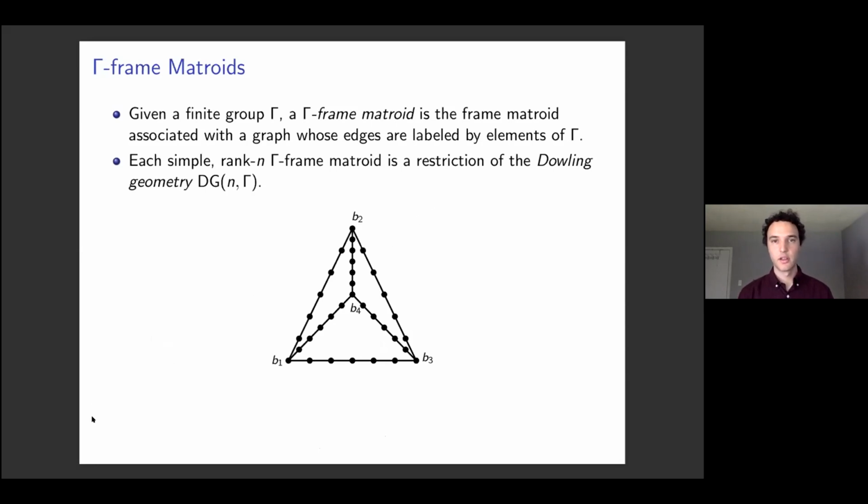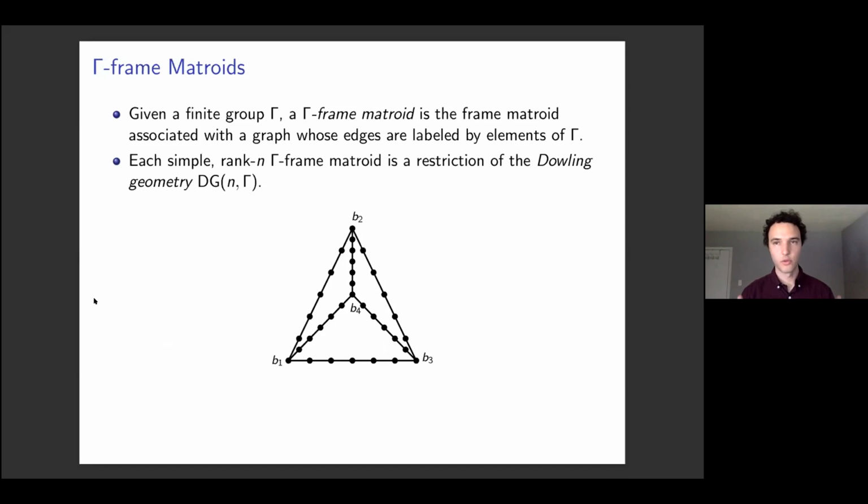And this matroid has the property that it has a basis, in this case B1, B2, B3, B4, so that for each pair of basis elements, the number of other elements that they span is equal to the size of gamma. Okay, so the size of gamma is 5, and there's 5 points between each pair of basis elements.